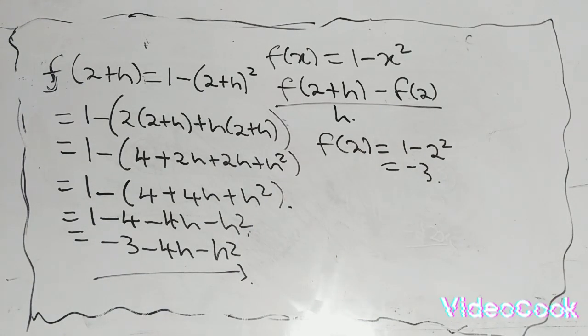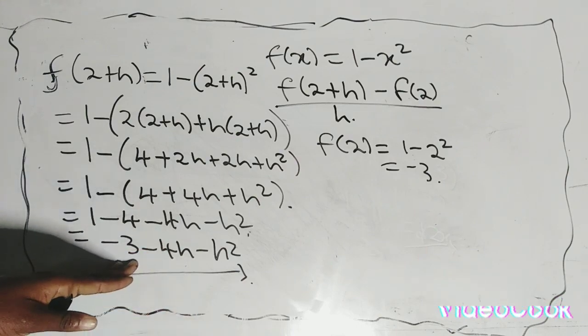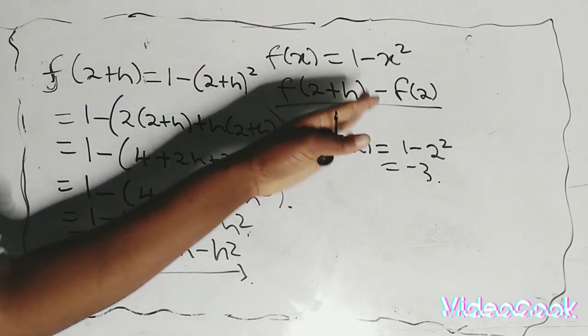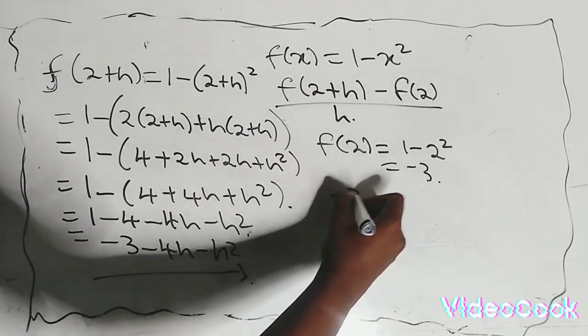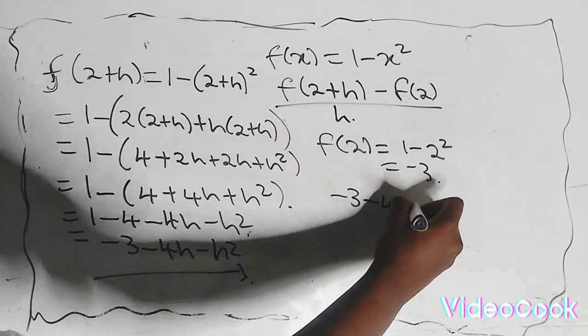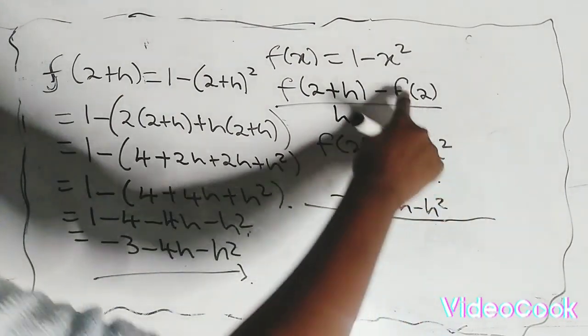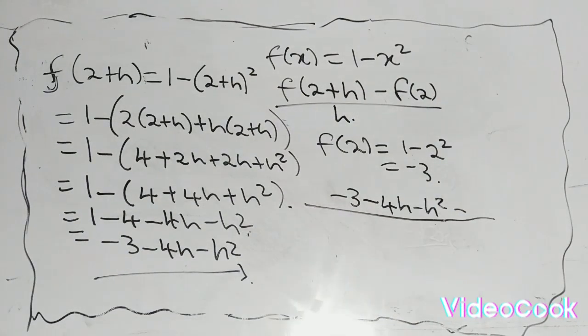So now, injecting this into the formula, remember they say determine f of 2 plus h minus f of 2 over h. My f of 2 plus h, I've simplified to be negative 3 minus 4h minus h squared, minus f of 2, which is negative 3.